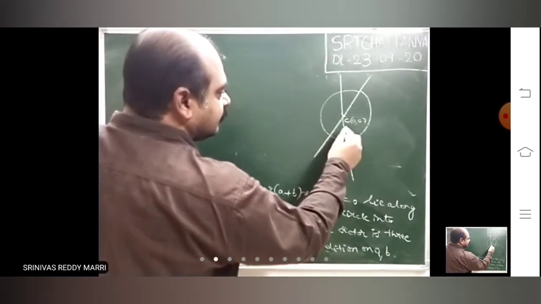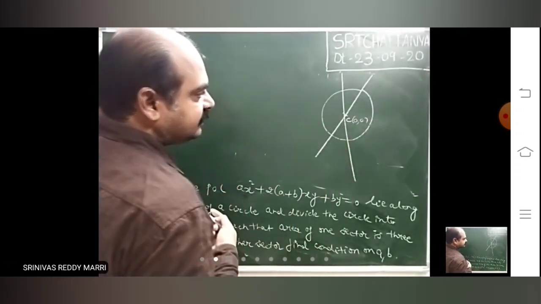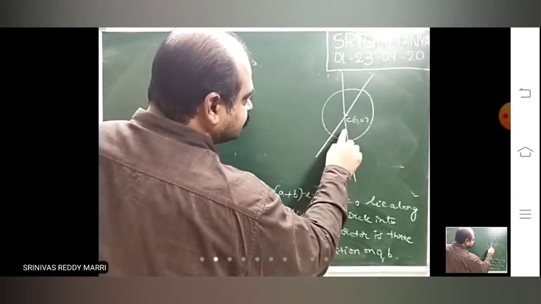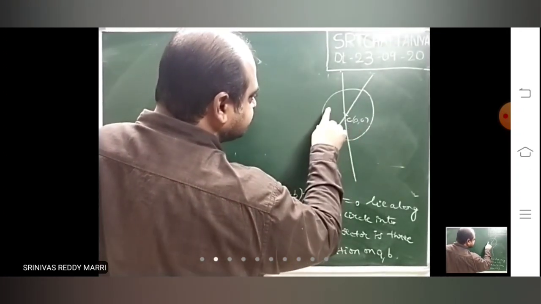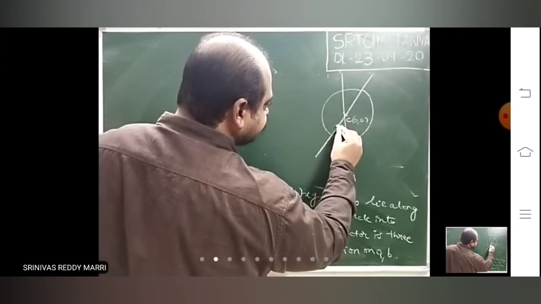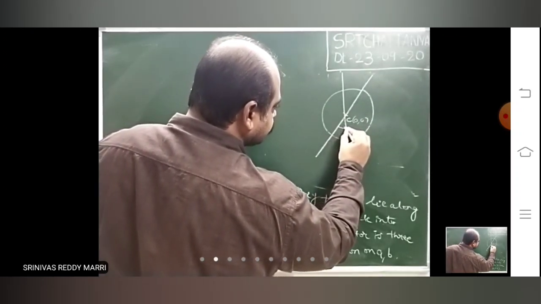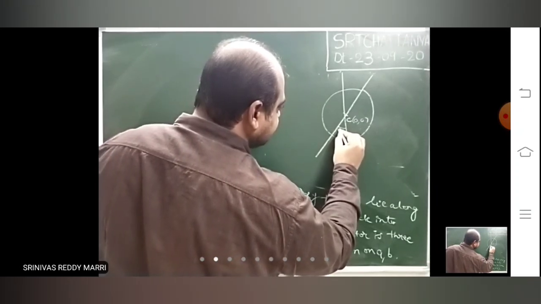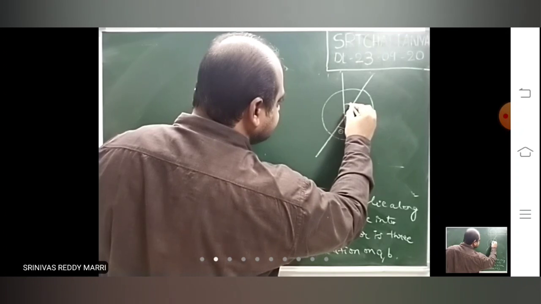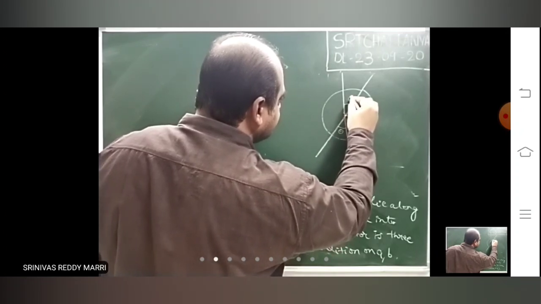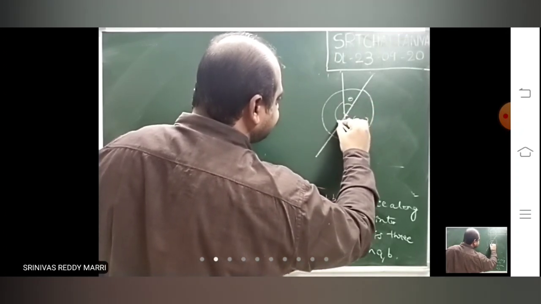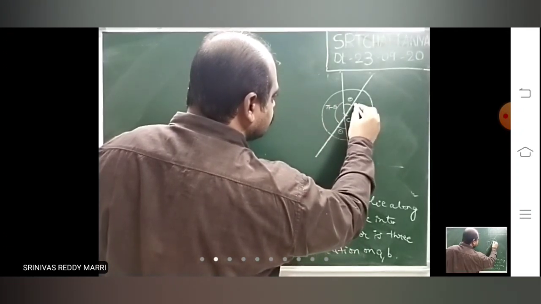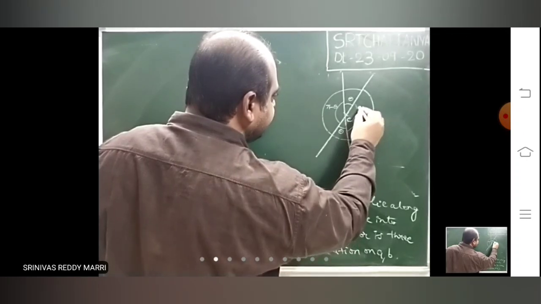So if you look at this, it is divided into four sectors, right? So this is one sector, this is one sector, this is one sector, this is one sector. So let us say this angle is theta. So this angle is pi minus theta.